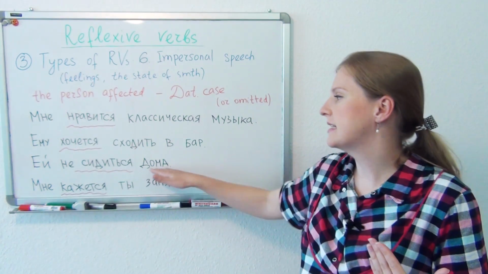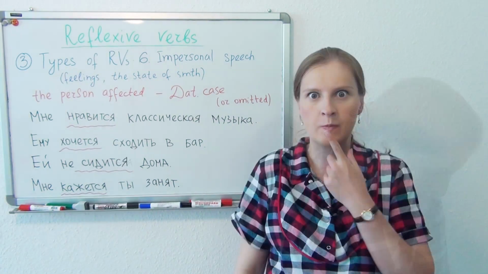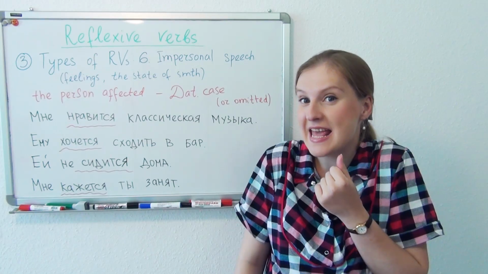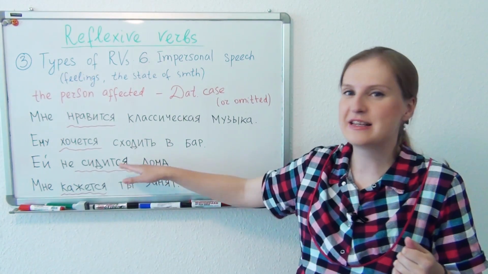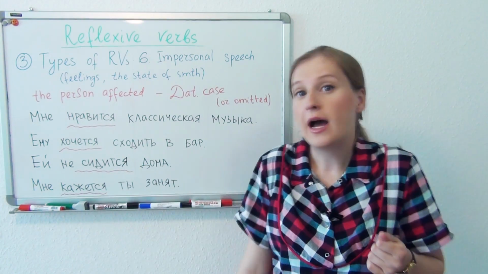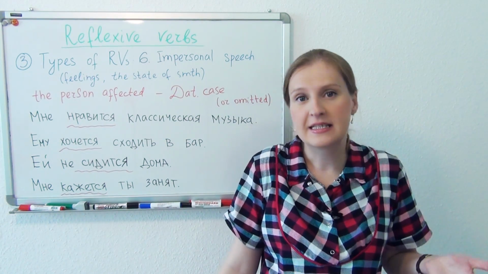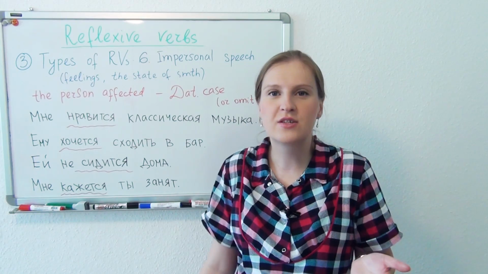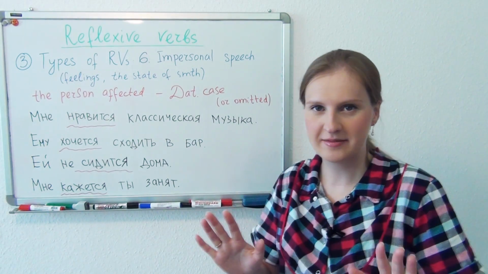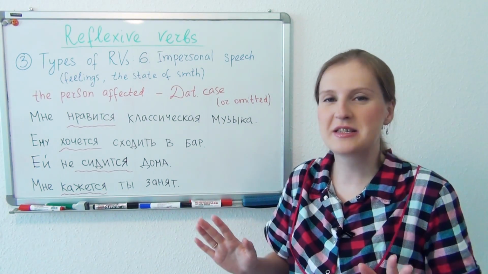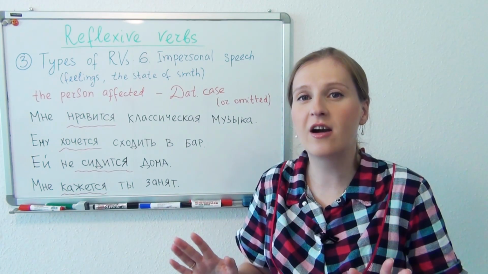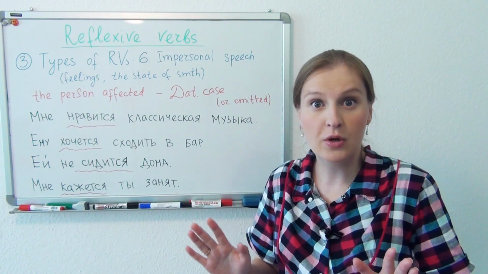Ей не сидится дома. Oops, a mistake. There shouldn't be the soft sign here. I'm a native speaker, but I still make mistakes sometimes. So do not worry. If you study Russian and it is very hard, just keep going.